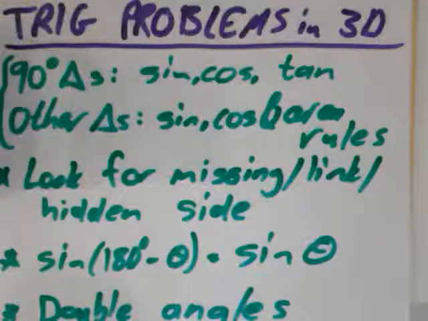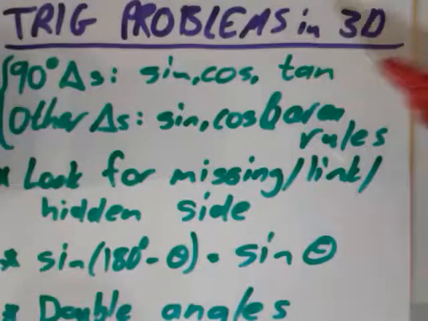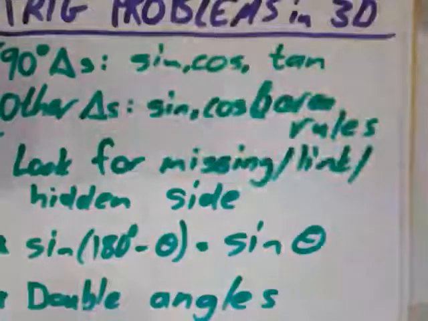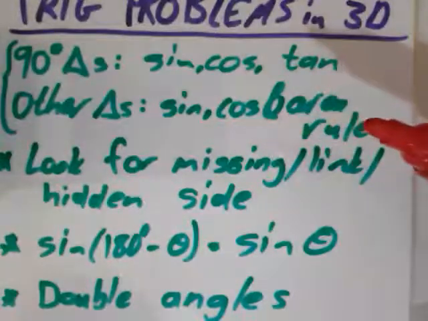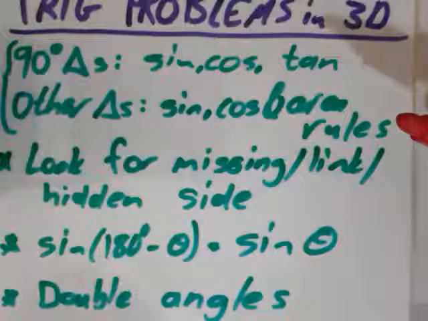Okay, so let's start with the first thing you need to look out for in any diagram. You'll have to look for the 90-degree triangles and then the other triangles which don't have any right angles.